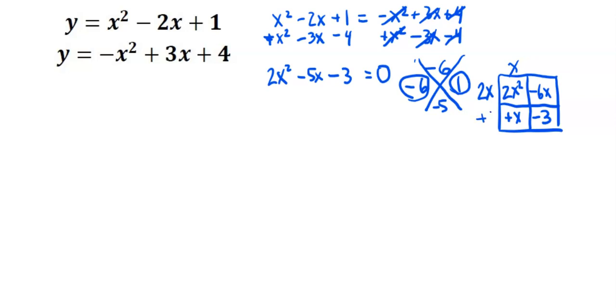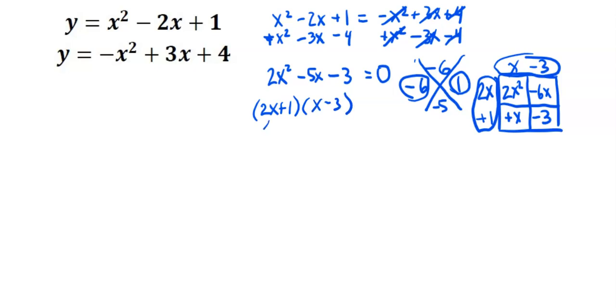Well, x times 1 gives me x. 1 times what gives me negative 3? Negative 3 times 1 gives me negative 3. And then I can go all the way around. Negative 3 times 2x also gives me negative 6x. And so our two factors are x minus 3 and 2x plus 1.